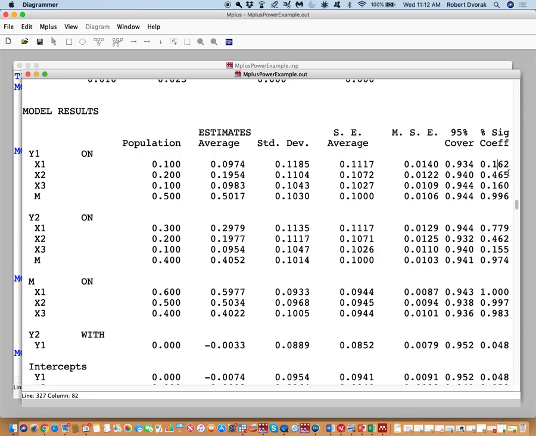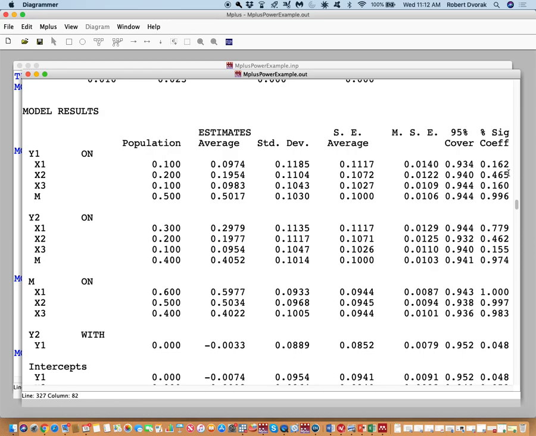Power, which, in layman's terms, what does 0.162 tell us about the relationship between x1 and y1 given 1,000 draws and a sample of 100? There is a huge amount of time where we are not detecting the effect.